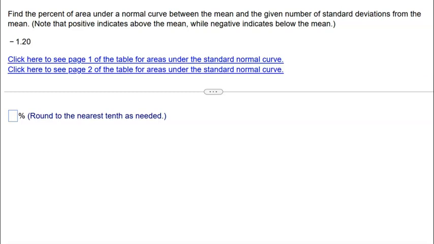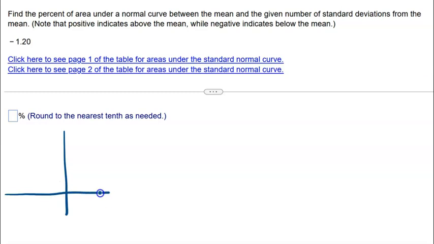All right, next question. Find the percent of area under a normal curve between the mean and the given number of standard deviations from the mean. It says note that positive indicates above the mean while negative indicates below the mean. So I believe in pictures, y'all. If I draw a picture of this, I want you to think about what we're doing.